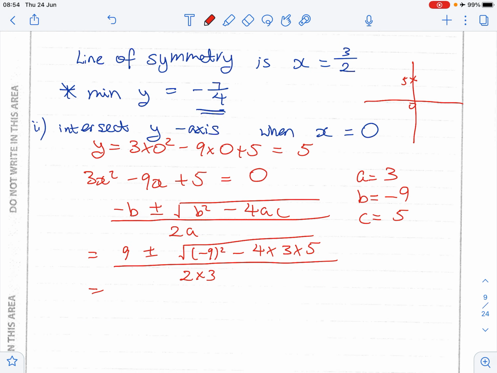You should get 9 plus or minus root 21 over 6, and this is approximately 2.26 or 0.736. So just looking at our curve here, it crosses at those 2 points.